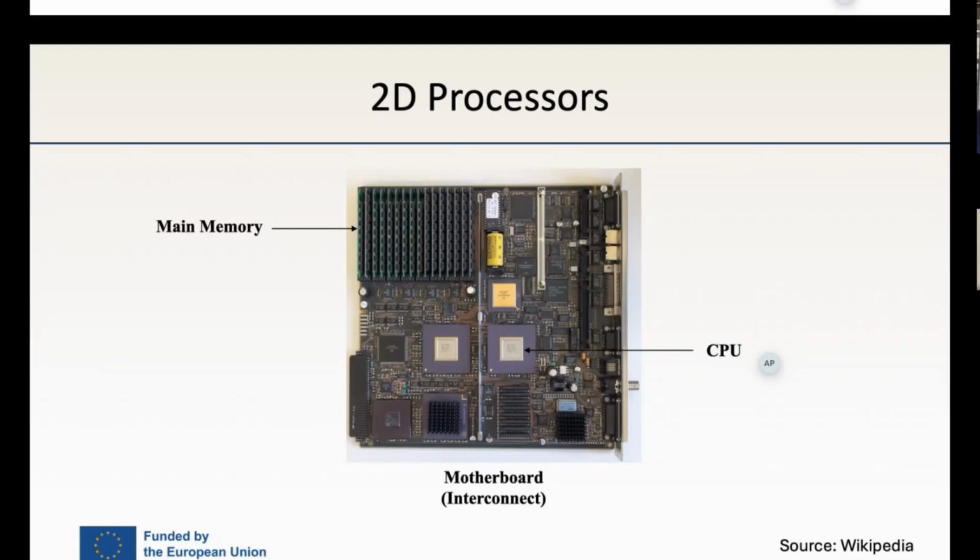The problem with this design is that first, the bandwidth of the interconnect is limited. There's only so much data that can be transferred between the CPU and the main memory. And also the CPU and main memory are very far away. So this leads to a much higher data latency than what we want.